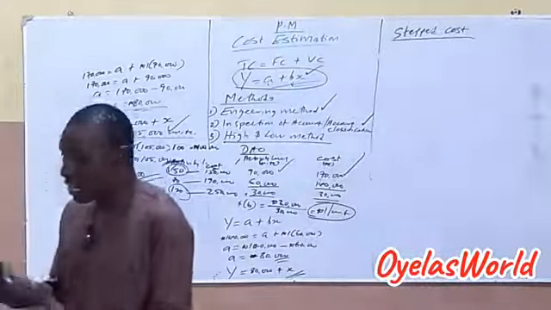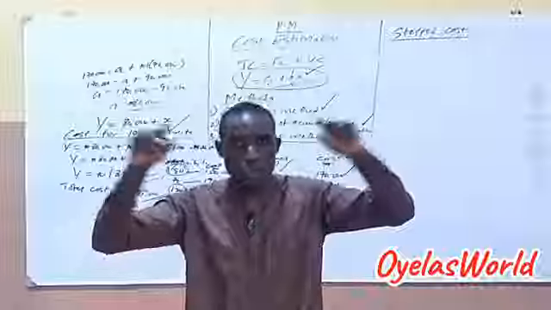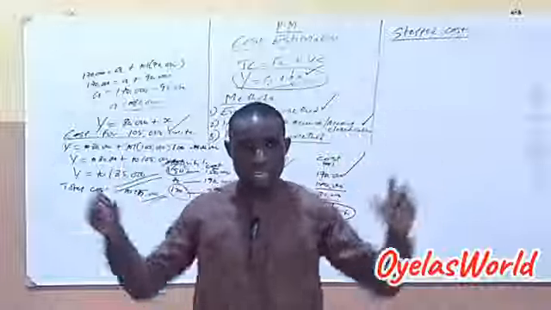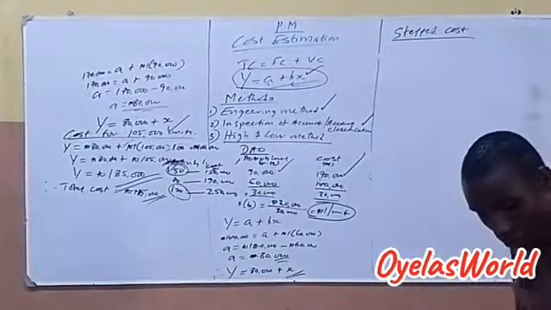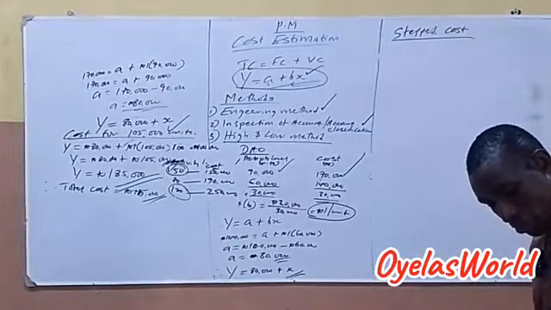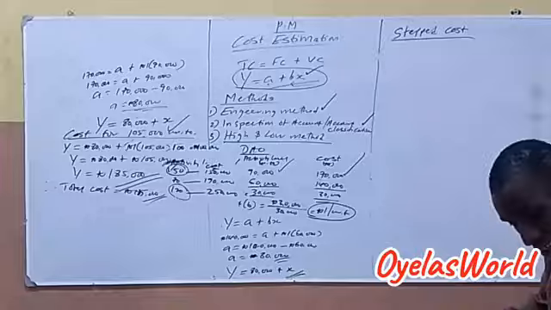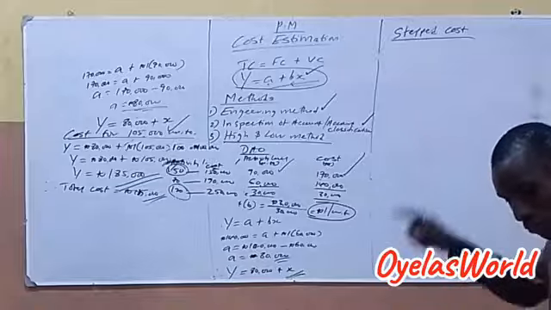Now, if you look at it, they give us 2 periods, 2 activity levels. The first activity level is 12,750 square meters. The second activity level is 15,100 square meters.